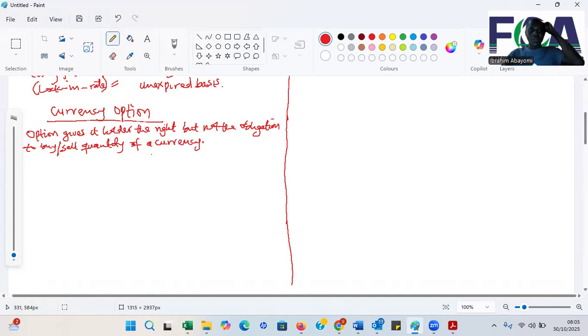So I call it currency here because we are dealing with foreign currency risk management.